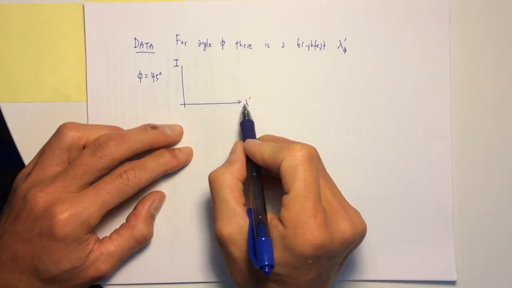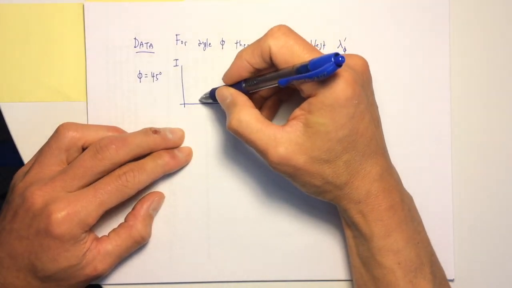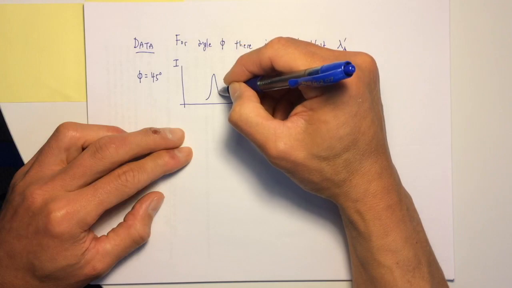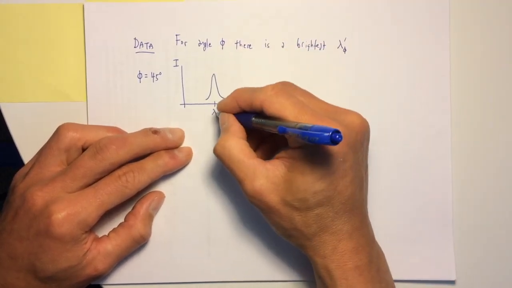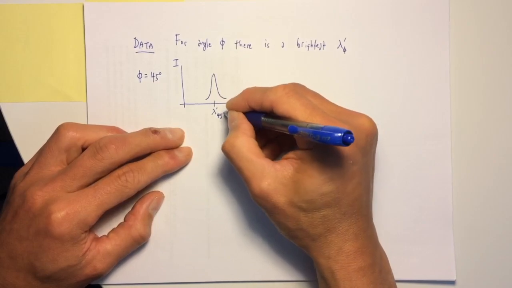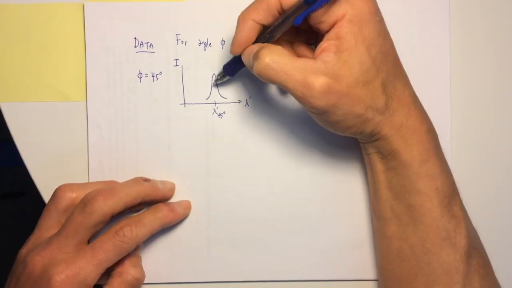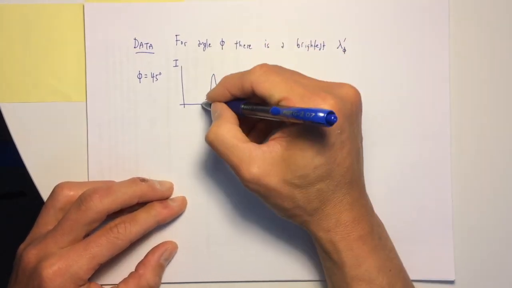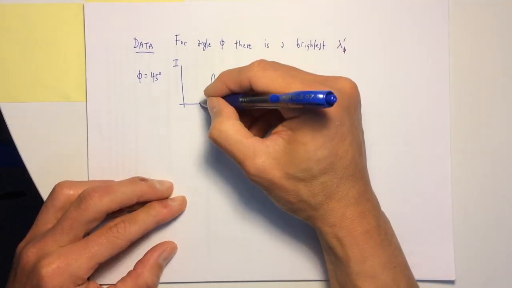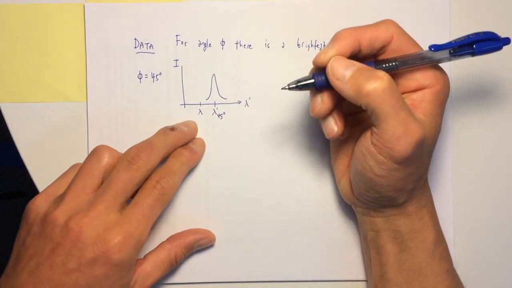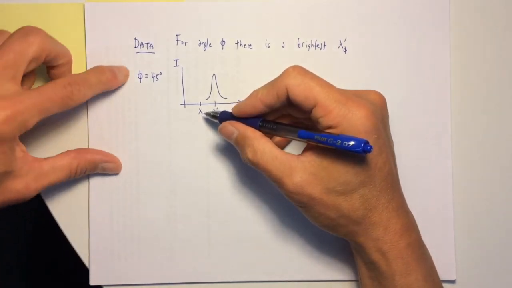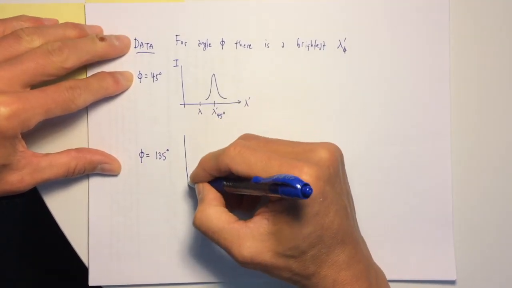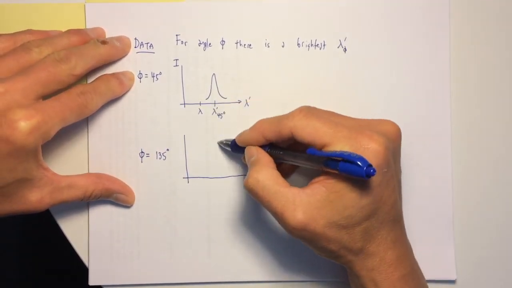As you check at different wavelengths, there is a particular wavelength that is really, really bright, like this. So this is the lambda prime at 45 degrees. If you compare this lambda prime to the original lambda, right, lambda prime is bigger, it's up the axis compared to lambda. So that's where lambda is. But if you check at a different angle, for example at 135 degrees, you get a really different answer on where lambda prime is.